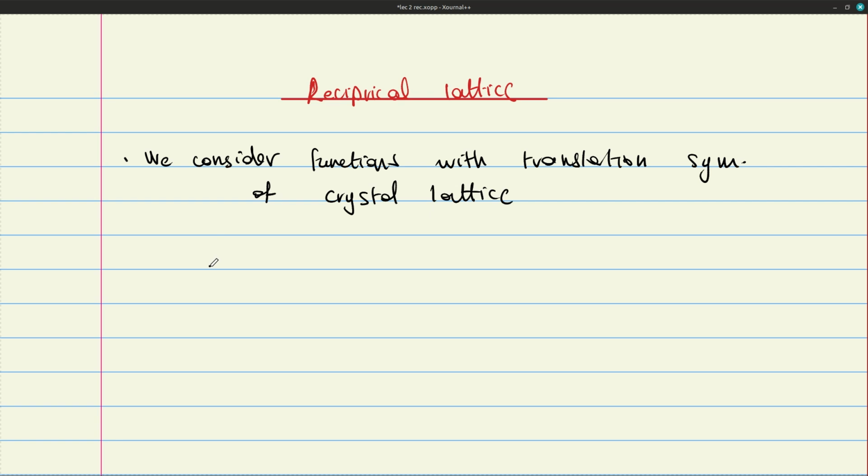As an example, we can consider electronic density. Let's take 1D for simplicity. Rho of x is going to be equal to rho of x plus a, and it's going to be equal to rho of x plus na. Right? So this is a 1D example.